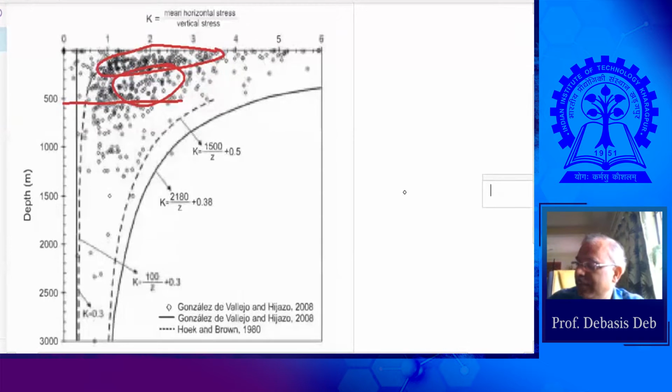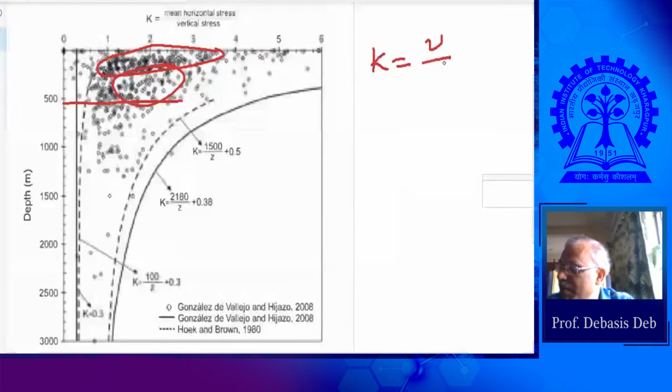What is the formula? We know. If you remember, this K is nothing but nu by 1 minus nu, where nu is the Poisson's ratio, right? He must have told you that sigma H is equal to nu by 1 minus nu times sigma V, and I proved it in one of the classes.